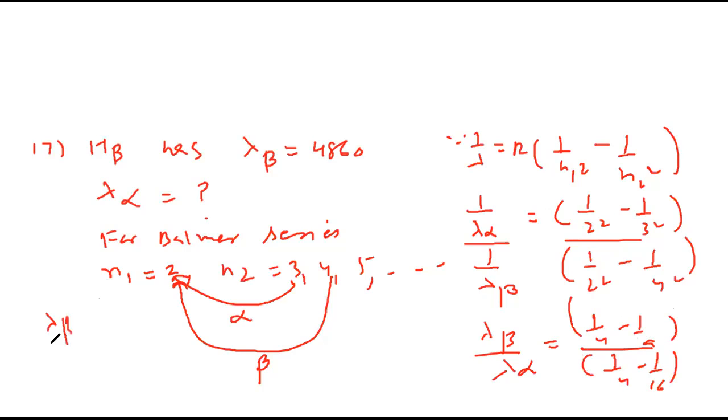So lambda beta upon lambda alpha equals 9 minus 4 is 5 upon 36, over LCM will be 16, so it will be 4 minus 1, 3 by 16.